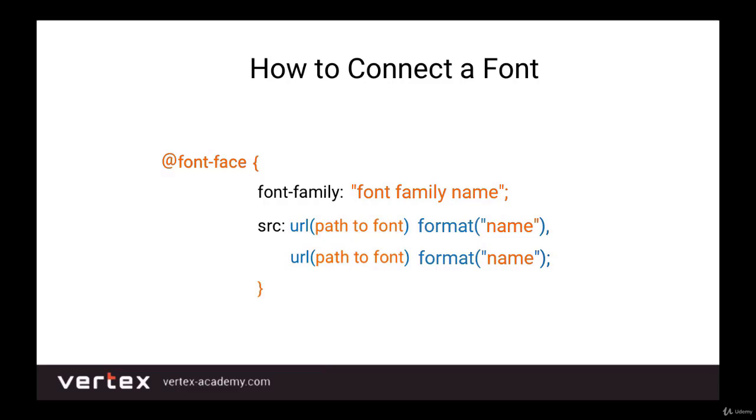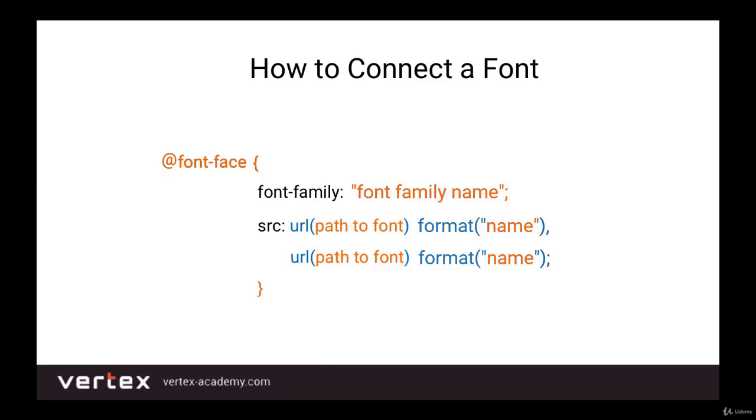We're going to write the name of the format, not the abbreviation of the format, the name of the format. So you would want to write TrueType, for example, instead of TTF, and OpenType instead of OTF, and so on. Alright, so then we're going to add a comma and connect another file the same way.